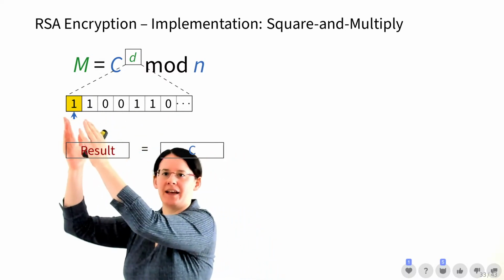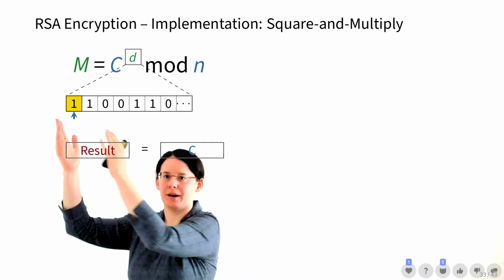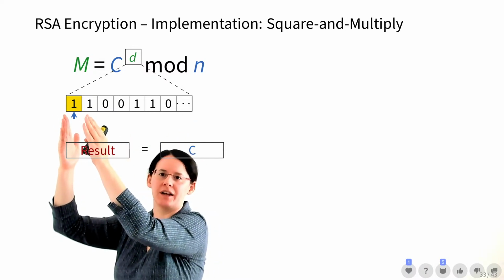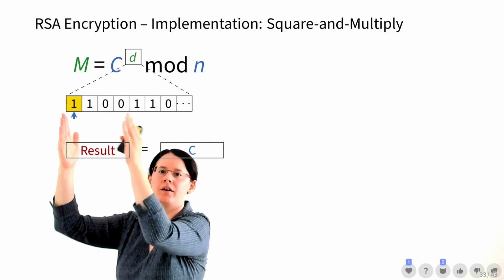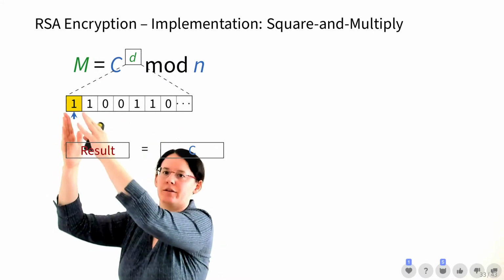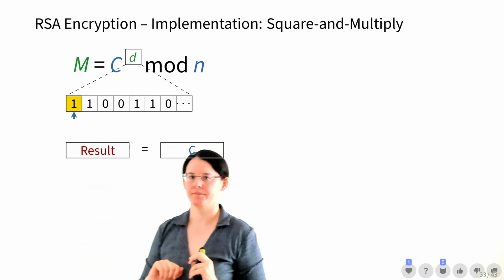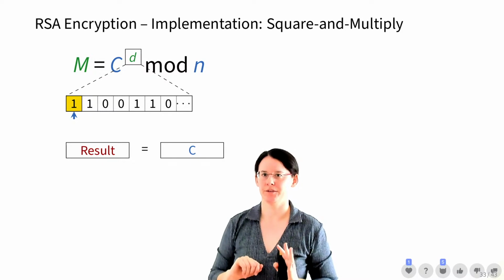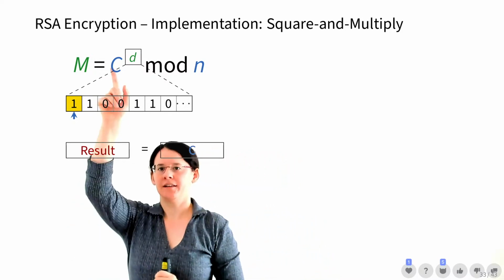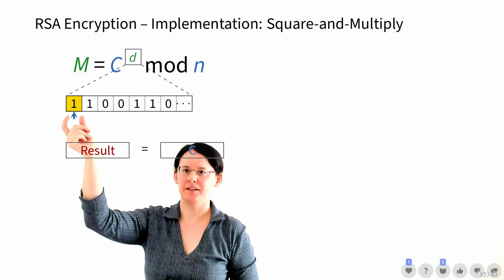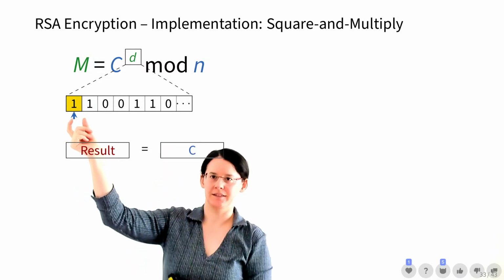So we are going to scan the exponent bit by bit and always compute the partial result of c to the power of the first k digits. Once we've done these 3000 updates, we're going to have the final result. Let's have a look at how that works. Let's first look at c to the power of 1. That's really easy, right? We know that c to the power of 1 is going to be c.